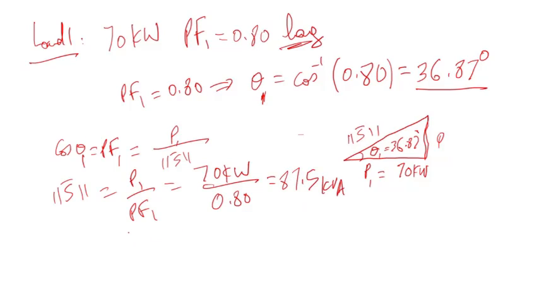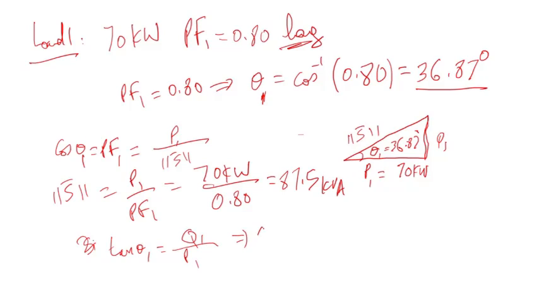Q1, again, if I do trig, I can do sine theta or tan theta 1. So tangent is the opposite, Q1, divided by the adjacent side, which is P1.